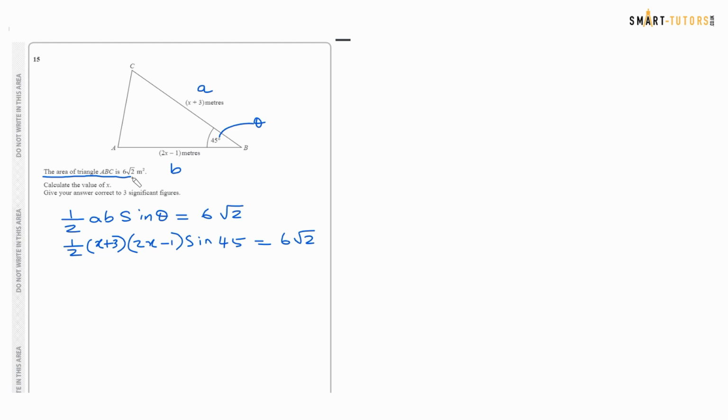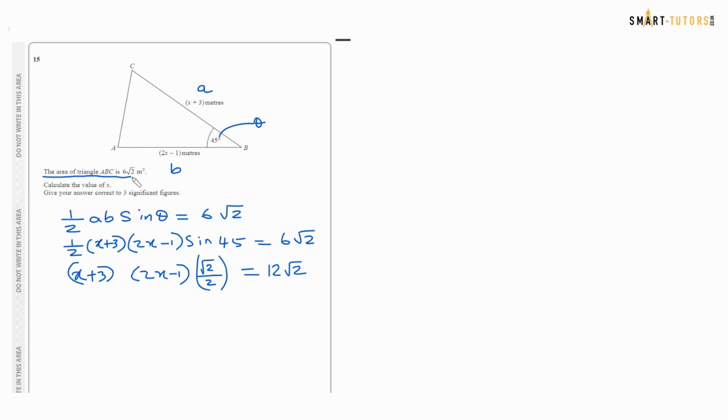So let's do the algebra. What I'm going to do is multiply both sides by 2 to get rid of the fraction. So x plus 3, 2x minus 1, sine 45, if you press the calculator, you will find out root 2 over 2, equals, times both sides by 2, so 12 root 2. Right?